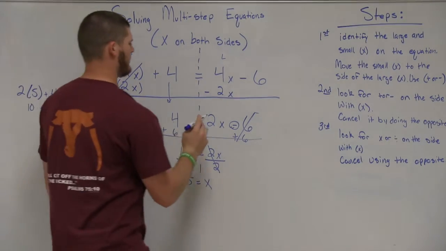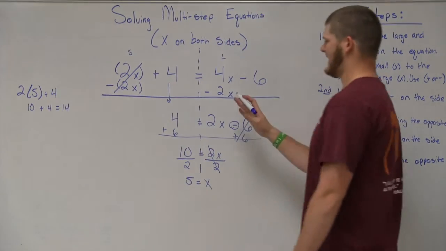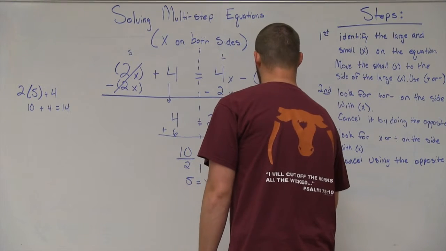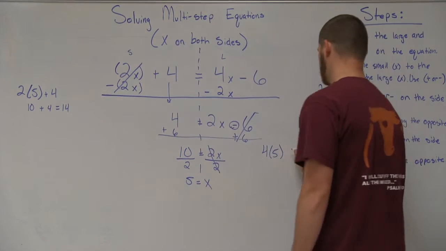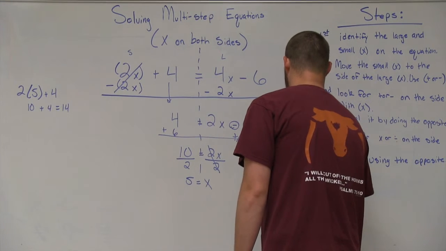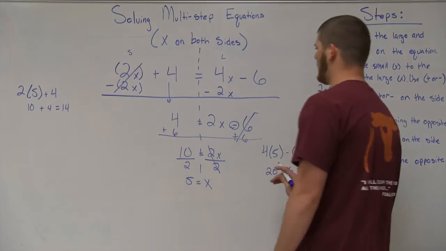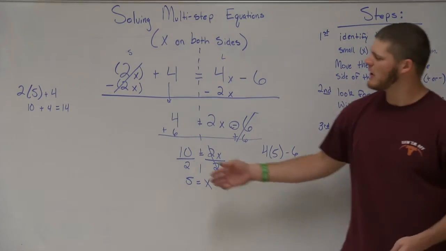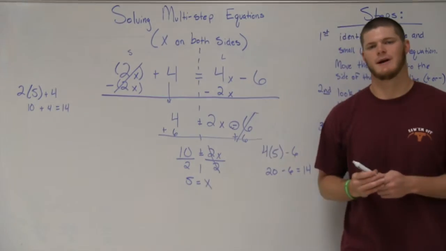And on this side, we have 4x minus 6. 4 times 5, again plugging in our value for x, minus 6. 4 times 5 is 20. 20 minus 6 equals 14. So when we plug our value in on both sides, we can see that they both equal 14, which tells us we got the correct answer.